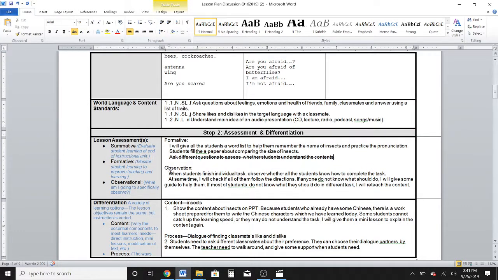When students finish the individual task, observe whether all students know how to complete the task. That's not what is being asked. At the same time, I will check if all of them follow the directions. If anyone does not know what to do, I will give some guide to help them. Okay. This does not tell me what you are specifically observing.